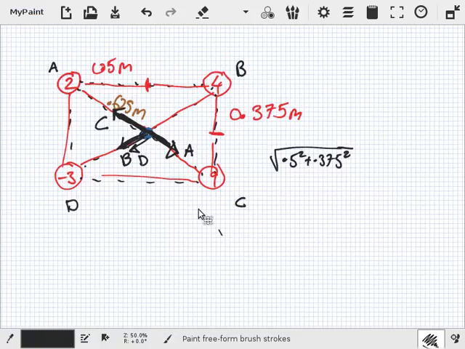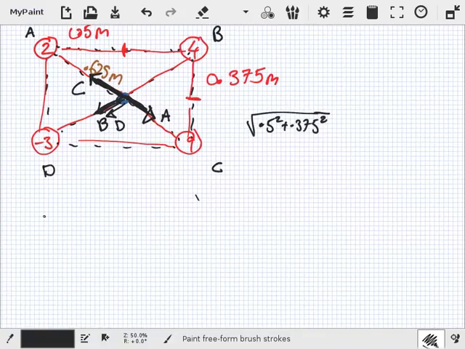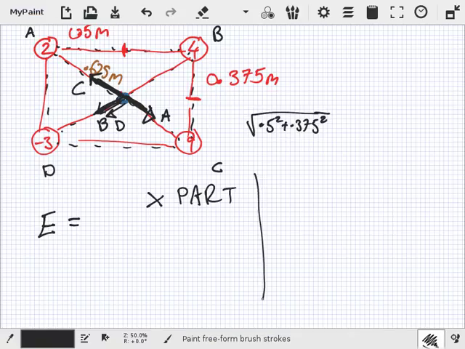So, if I want the total electric field strength, I have to consider them all together. Now, it has two parts. It has an X part and a Y part, so we'll have an X part and a Y part for the E total.